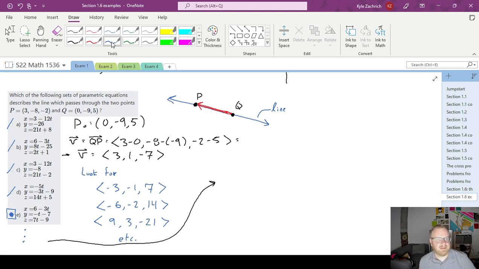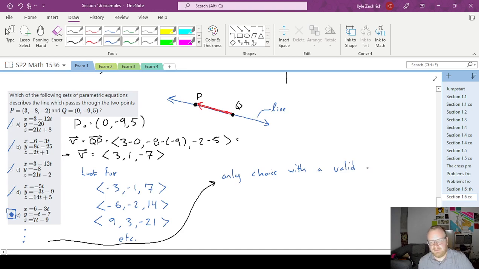So I'll say this is the only choice with a valid direction vector.